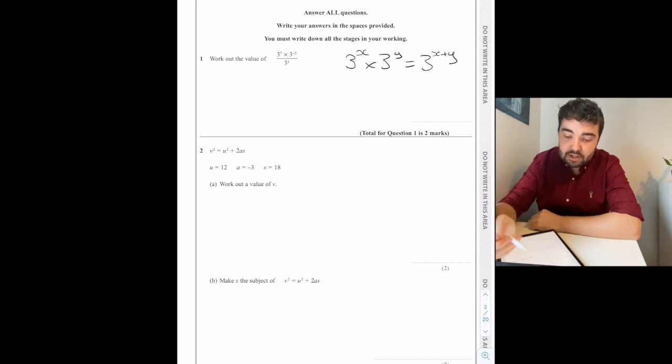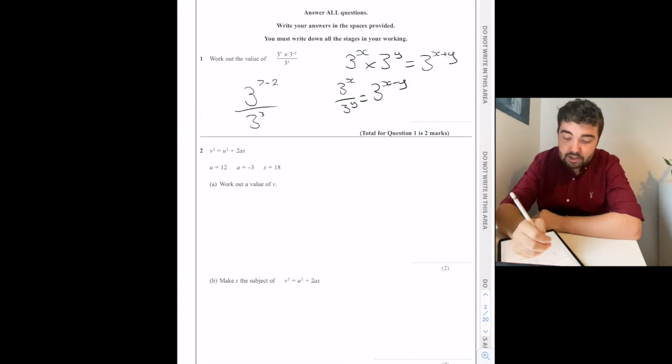So here, 3 to the power of 7 times 3 to the power of minus 2 is going to be 3 to the power of 7 minus 2, which is 3 to the power of 5, and that's going to be divided by 3 to the power of 3. By the same rule, 3 to the x divided by 3 to the y equals 3 to the x minus y.